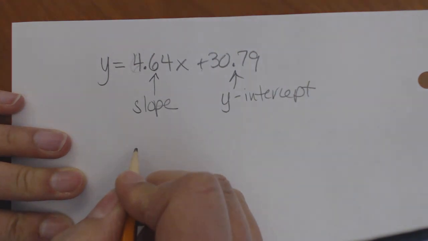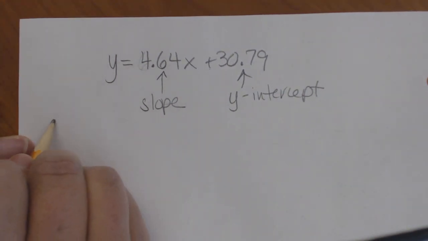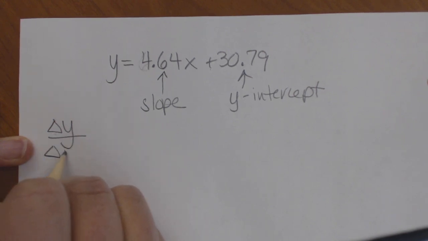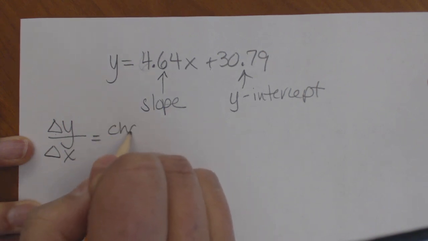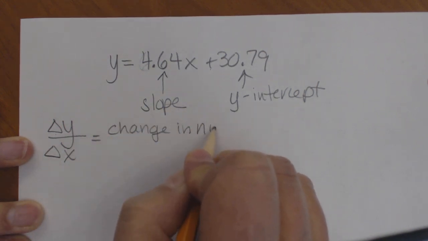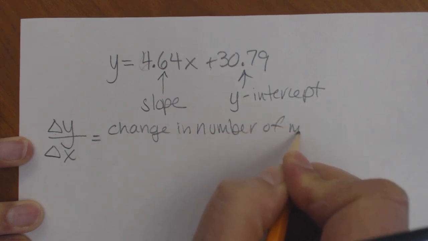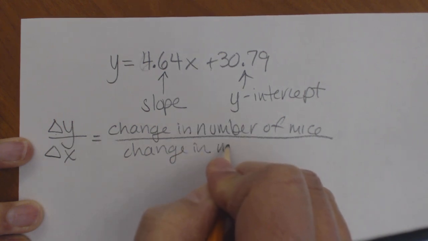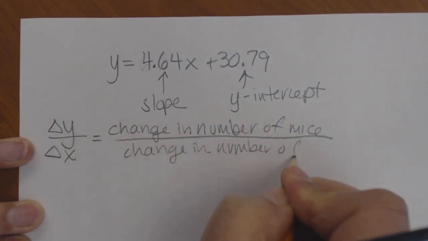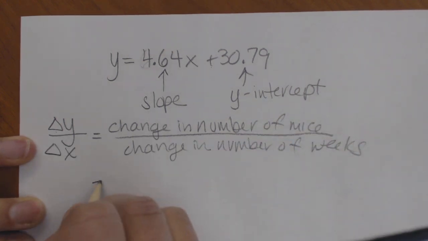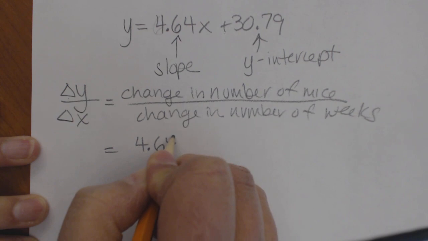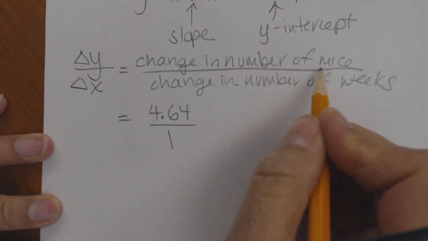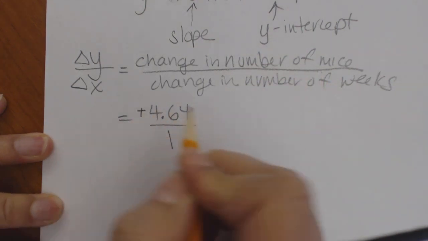Now my sentence for slope is going to be, remember what slope is, it's the change in y, delta y, that is the Greek letter for change, divided by the change in x. So it's the change in number of mice divided by the change in number of weeks. So if we were to make 4.64 into a fraction, we would put it over 1. So 4.64 is going to represent the number of mice that's changing. It is positive.